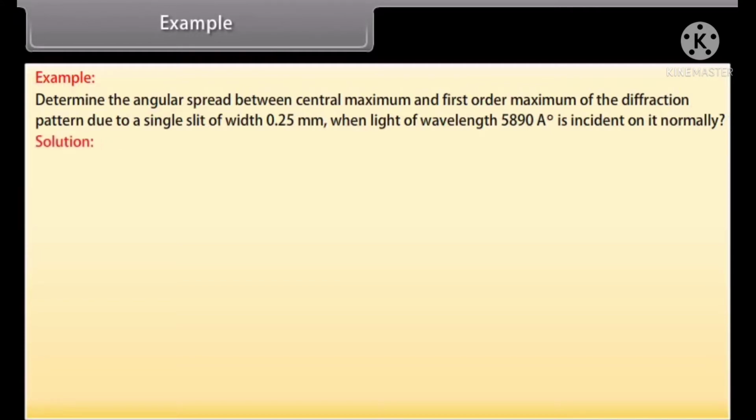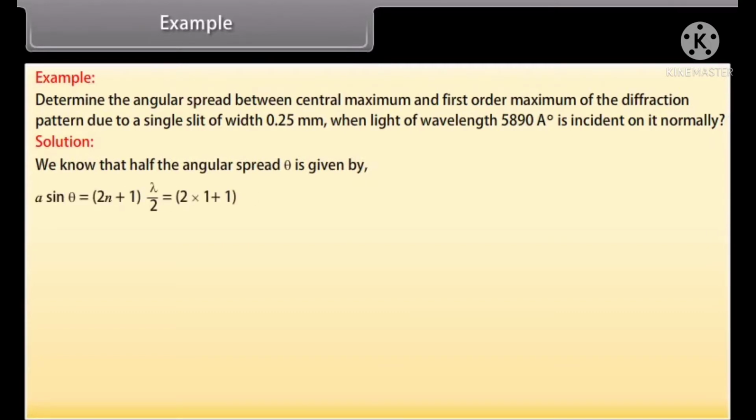Let's see the solution. We know that half the angular spread is given by a sin theta equal to (2n+1) lambda by 2. On equating this, we get a sin theta equal to 3 lambda by 2. When theta is small, the value of sin theta is equivalent to theta.